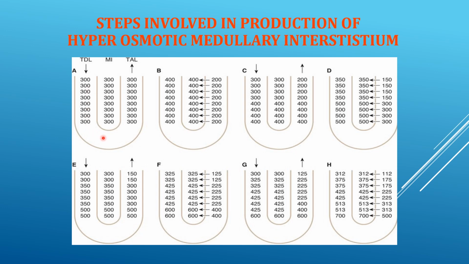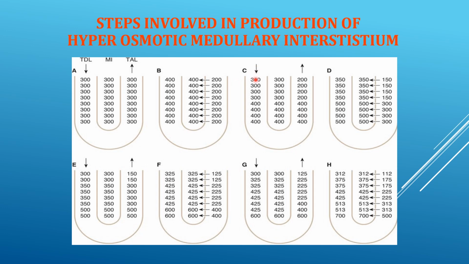This value changes as new fluid comes into the thin descending limb every time. In the thick ascending limb, because it is impermeable to water and only permeable to sodium chloride, the osmolarity decreases and the interstitial osmolarity increases. For equilibrating with this interstitium, the thin descending limb pumps out water. So it will be equilibrated.